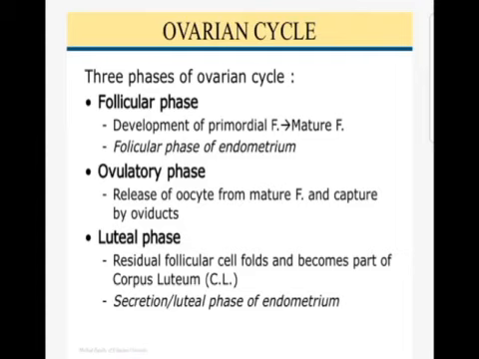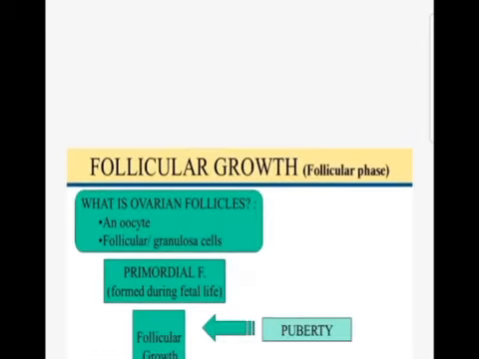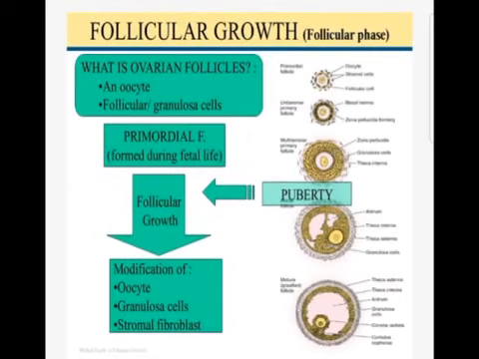In the ovulatory phase, there is a release of the oocyte from the mature follicle and it is captured by the oviducts. Then comes the luteal phase, in which the residual follicular cells fold and become part of the corpus luteum, and at the same time there is the secretory phase of the endometrium.